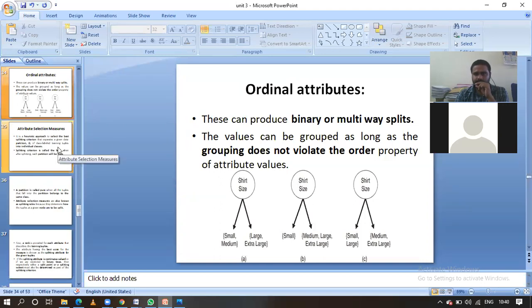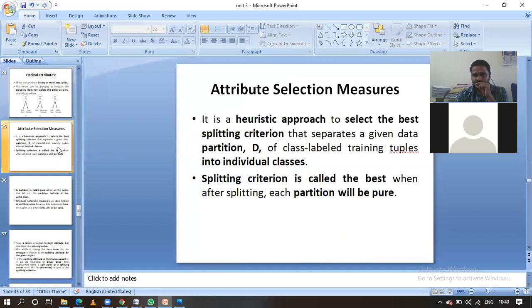In addition to that, in the construction of the decision tree, another important thing we have to discuss is attribute selection measures. Which attribute are we going to make the partitioning attribute? At that time, attribute selection measures play a very important role.